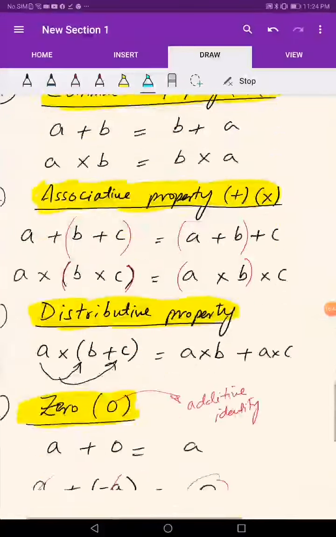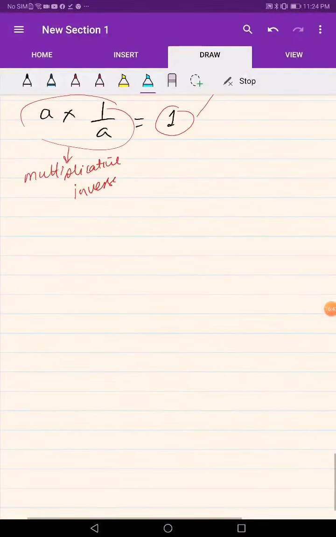Now I come to logic. First thing is called counter example.